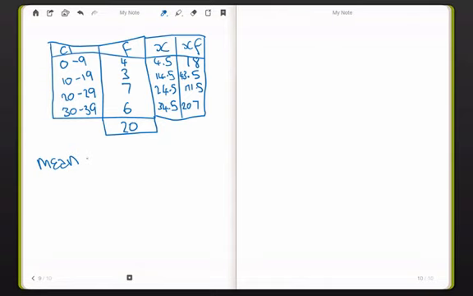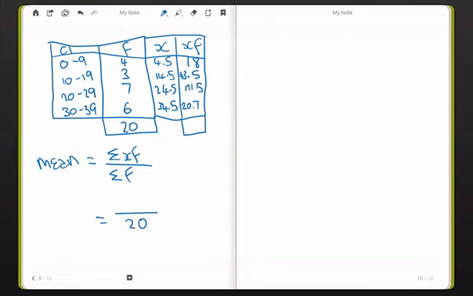So to find the mean, remember this is just a fancy sign for sum of, we want the sum of the column XF, all of them added up, divided by the sum of F, the sum of this column. We've already worked that out: it equals 20.